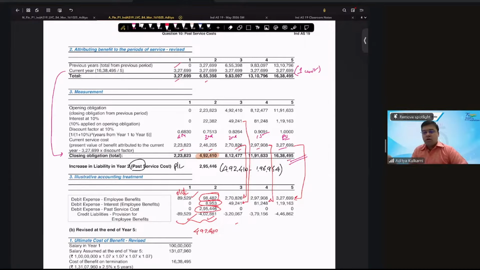Year 1 to year 4 will happen based on the original plan. In year 5, your employee benefit expense as well as the finance cost will happen based on the old plan.